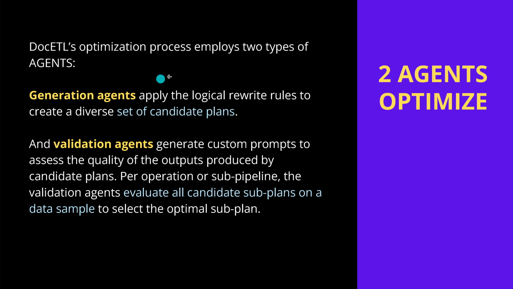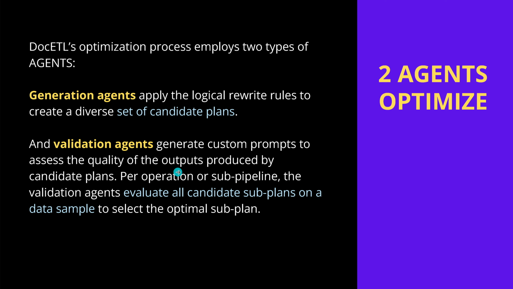The generation agent applies the logical rewrite rules. You remember step 1, to create a really diverse set of candidate plans, of real code implementations. And the validation agent, you're not going to believe it, takes these candidate plans, takes the code of them, and runs it and assesses the quality of the output produced by those candidate plans.